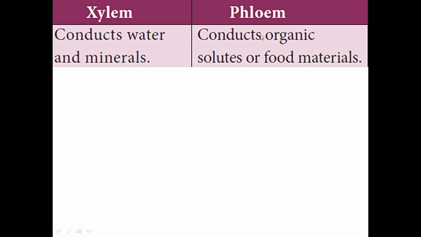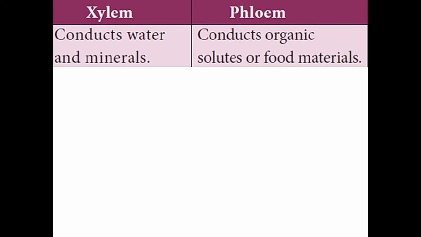Phloem transports food from leaves to other areas, such as the storage area. From the leaf, the food may be conducted to a fruit or seed, or to a tuber like potato, beetroot or carrot.